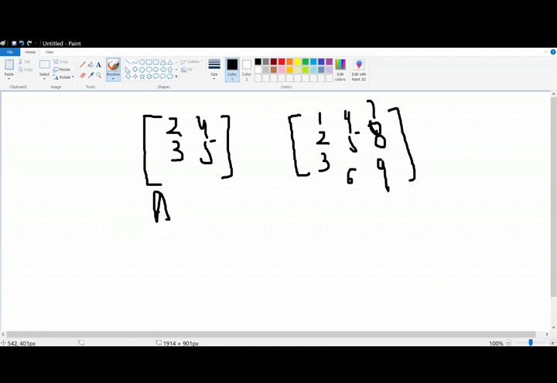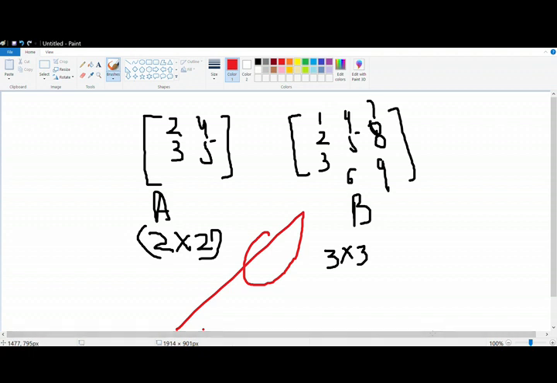The order of the first matrix is 2 by 2, and the order of the second matrix is 3 by 3. Can we multiply these two matrices? Of course we can't, because the number of columns of the first and the number of rows of the second are not the same.